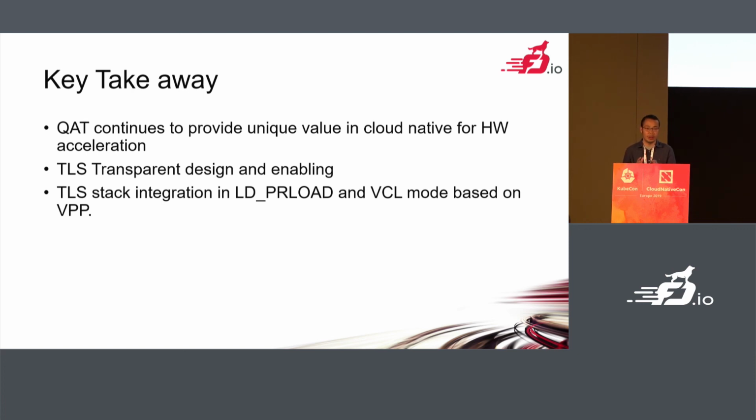I think this is a breakthrough innovation, so we don't need to implement TLS in every application. It will make things very clear. We also enabled the TLS stack based on LD preload and the VCL mode in VPP. Basically, all of the code is merged to the VPP master branch. And the next step is performance tuning.